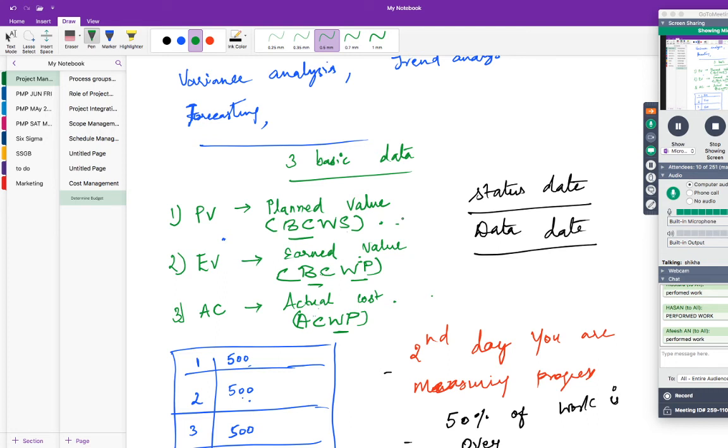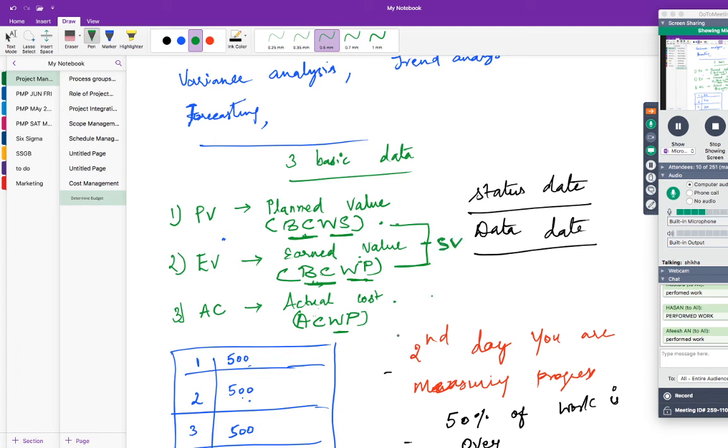How much work I should have done, but how much work I have done. That's what you call schedule variance. So you should keep the cost intact, budgeted, and see the difference between work scheduled and work performed. So you compare these two for schedule variance.